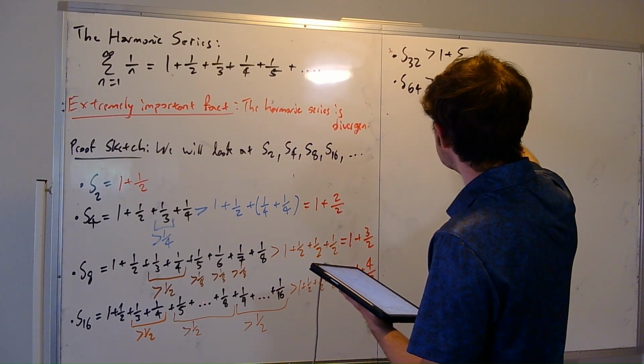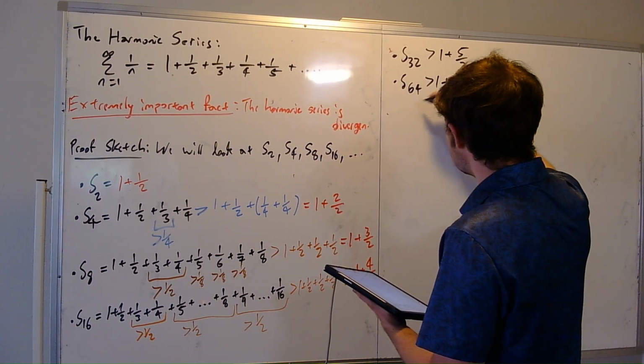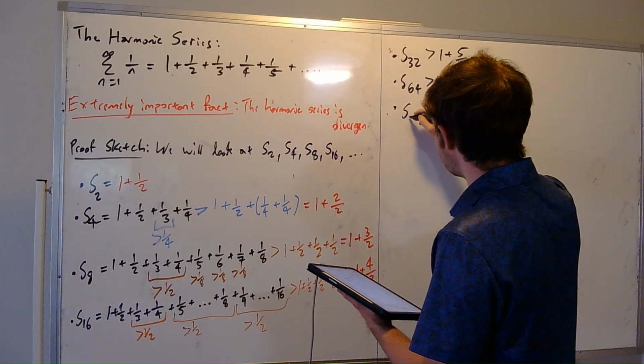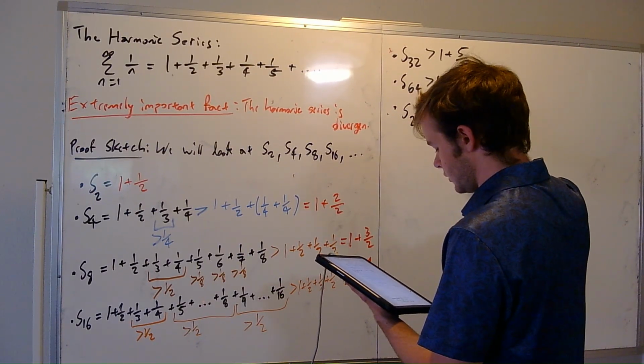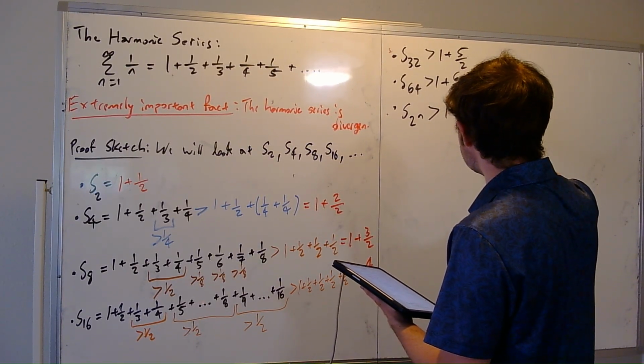S64 is going to be greater than 1 plus 6 over 2. And in general, you're going to get S2 to the n, which is going to be greater than 1 plus n over 2.